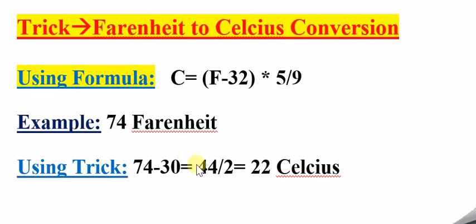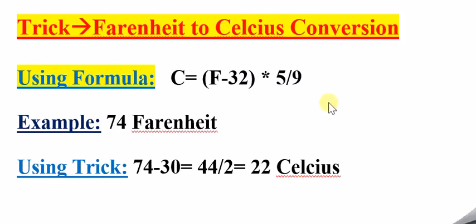So this 22 is the answer from the trick, but when you calculate with the formula, you will get 23 point something. Using the trick you get 22. So if the options are very far apart, with a big difference, then you can easily guess the answer as 22 without using a calculator.